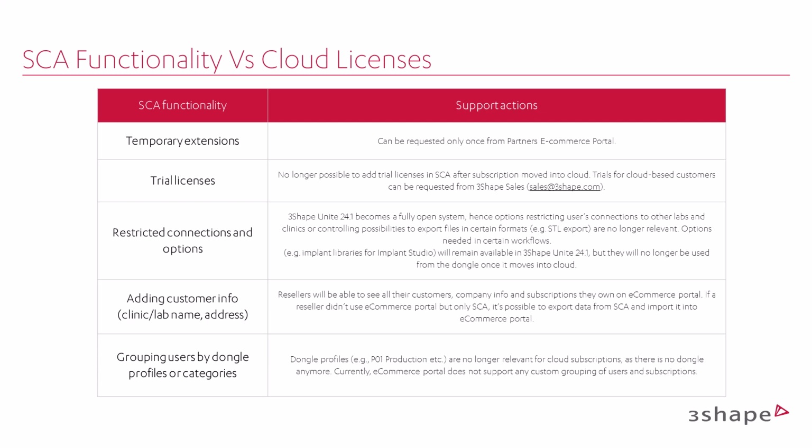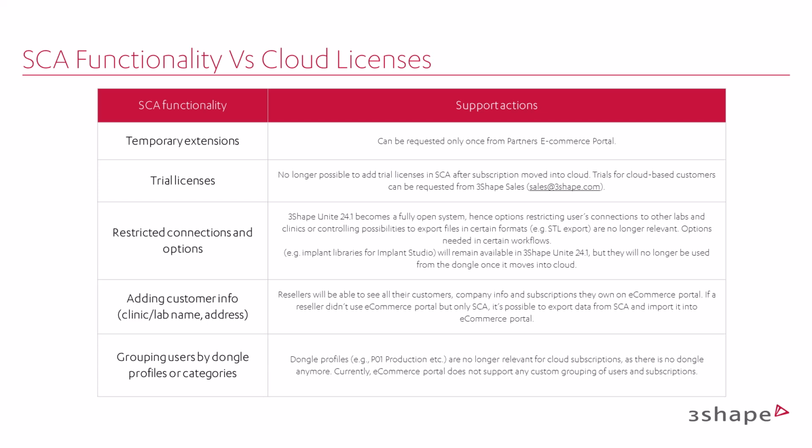Further requests for license extensions will need to be made through customer support at 3Shape. Trial licenses. After a subscription is moved into the cloud, it will not be possible to add trial licenses in the Site Connection administration. Trials for cloud-based customers can be requested from 3Shape Sales by sending an email to sales@3shape.com.